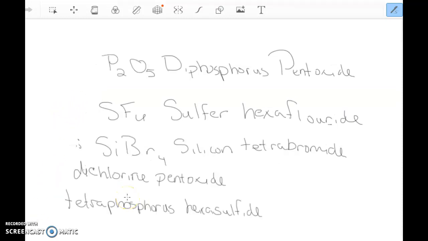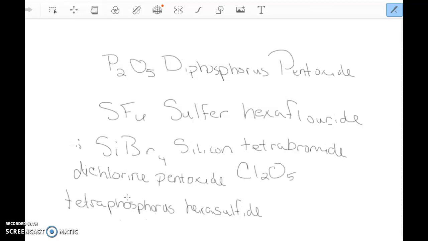Now let's try to go the other direction. Dichlorine pentoxide. That means that I have 2 chlorines and 5 oxygens. So how would I write the formula? Cl2, showing the di, there's 2 of them, and then there's 5 oxygens, so O5. I actually really like naming these.